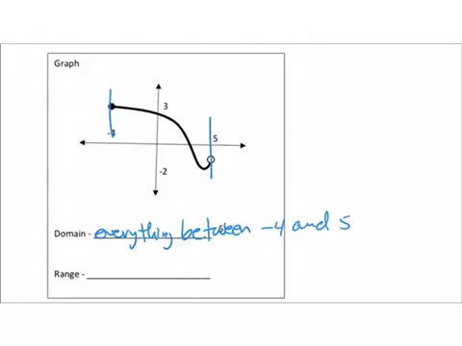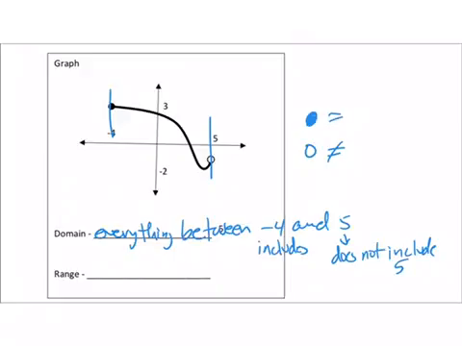Now if you remember from the past, if you have a closed circle like this, that means it's equal to. If you have an open circle, that means it's not equal to. So this really means everything between -4 and 5. It includes -4, but does not include 5.